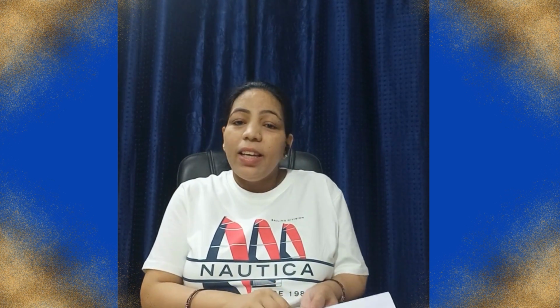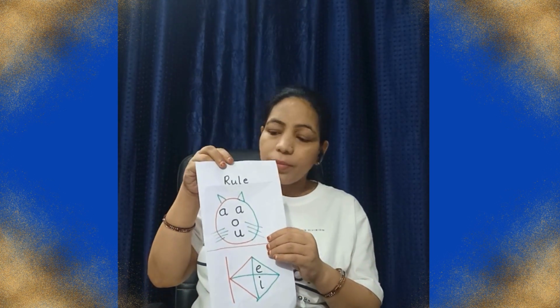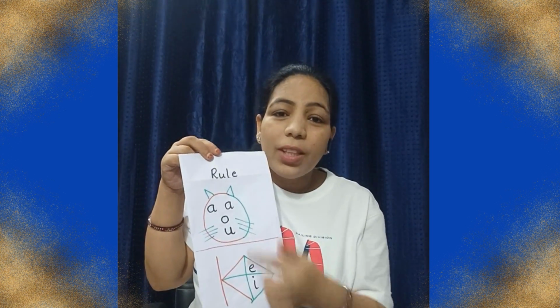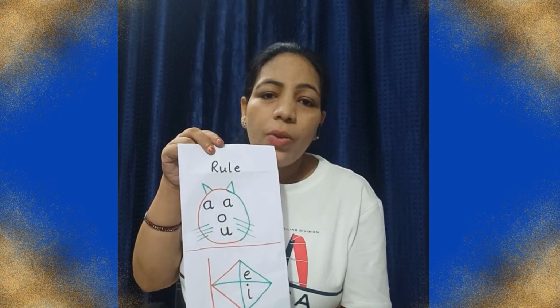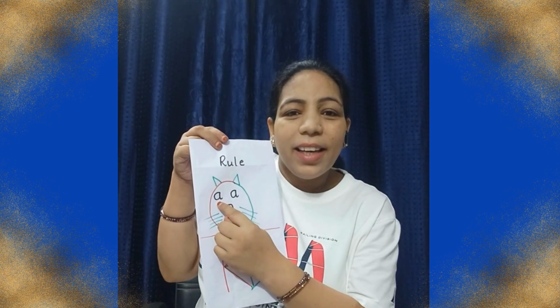Very good. Now, let's see the rule when we will write C and when we will write K. Now, which picture are you watching? This is cat. It means C. C is here. So, look here. This is letter A. Which vowel?